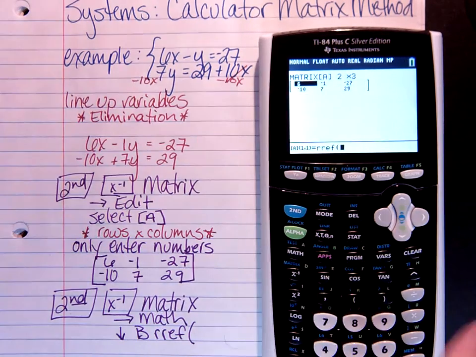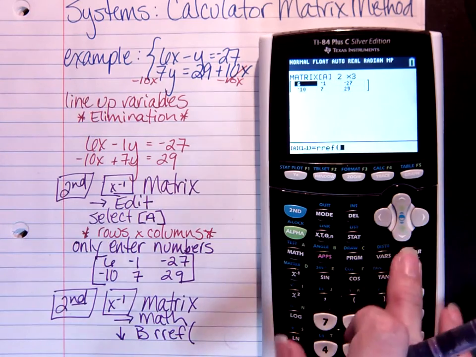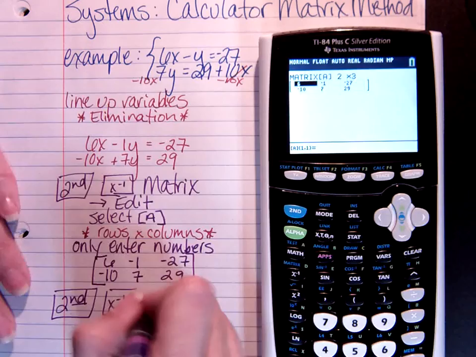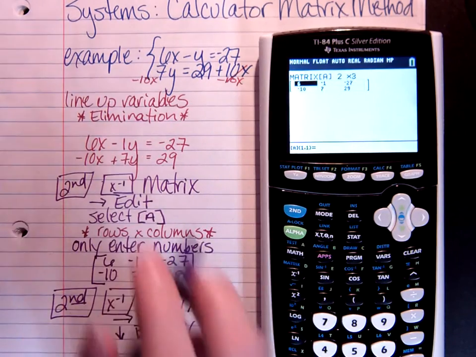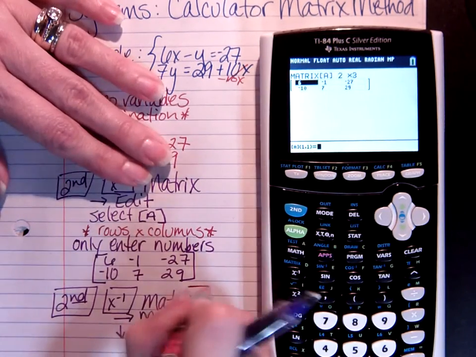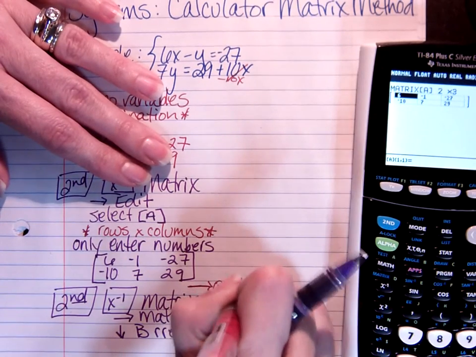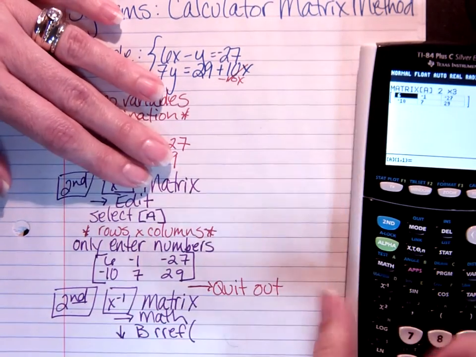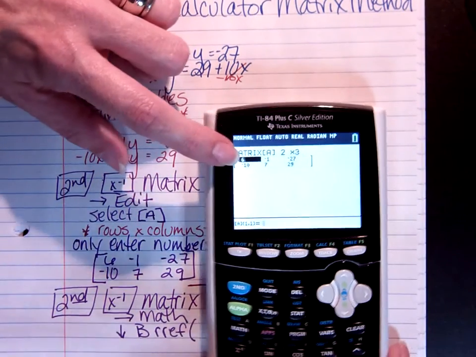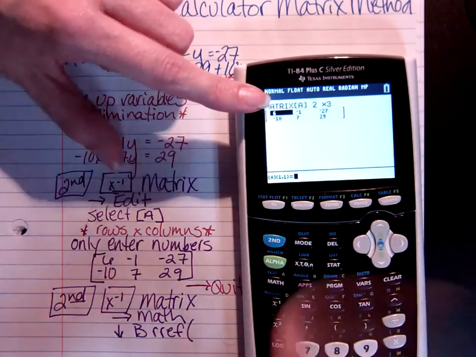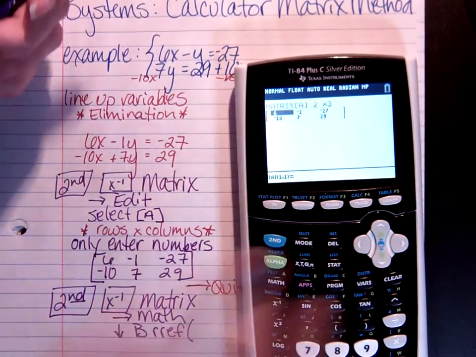What that's going to do is it's going to give us our, oh, sorry, forgot to tell you to quit. I'm glad that happened though. You have to quit first. Okay? Because it thinks we're trying to enter into the matrix. So once we're finished setting up, quit out of there.